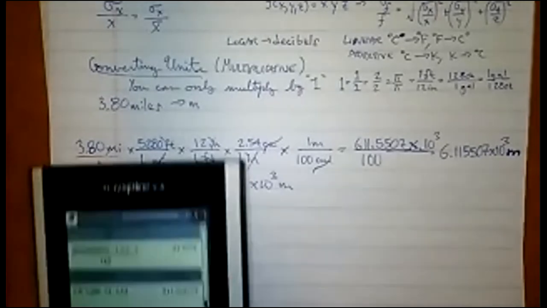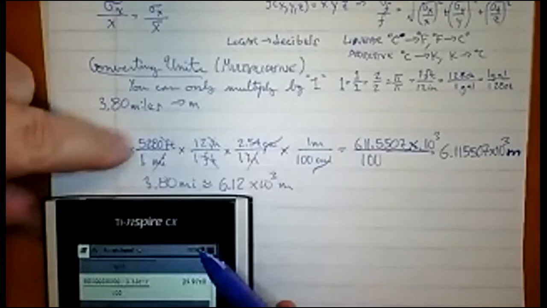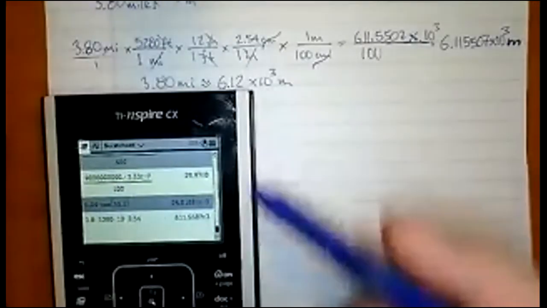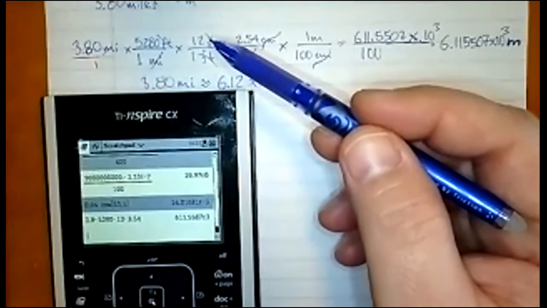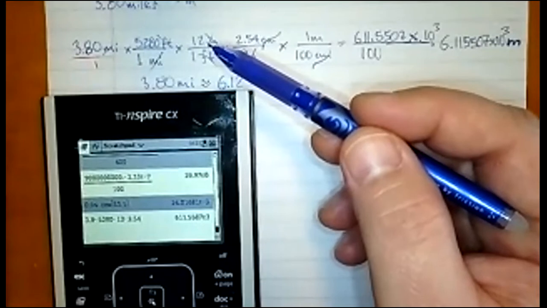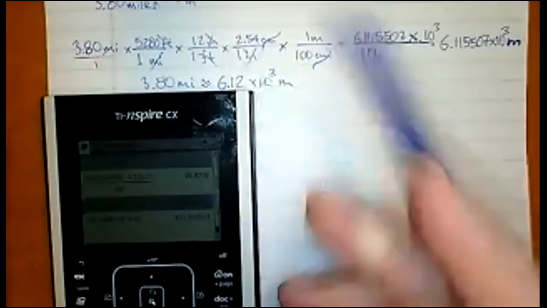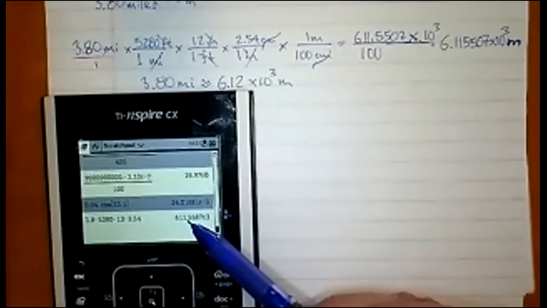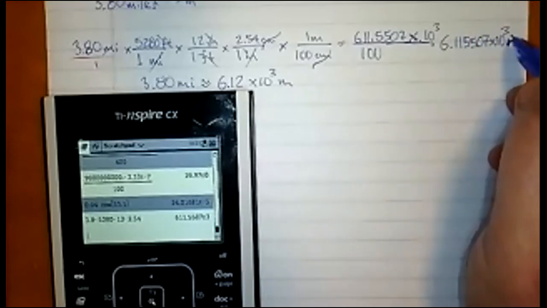And when I did it on my calculator, you can see I did 3.8 times 5,280 times 12 times 2.54. I don't really have to do the 1. And that gave me, according to my calculator, 611.5507 times 10 to the third.